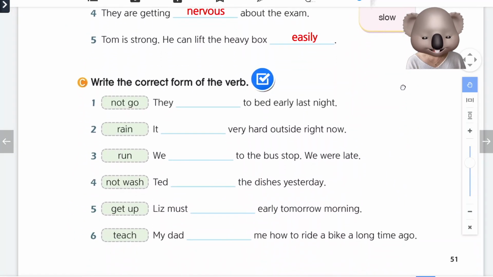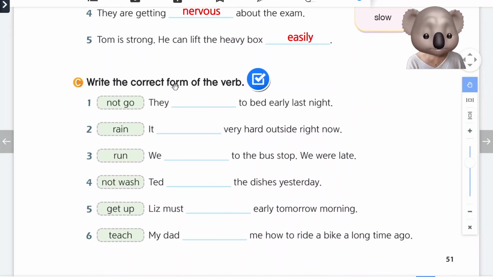Easily. In our last part, we need to write the correct form of the verb. Number 1. Not go. 오, 안 갔다. Last night은 과거형이어서 we need to use did, but it's a negative. Did not, contraction, didn't, 동사는 그대로, go, didn't go.